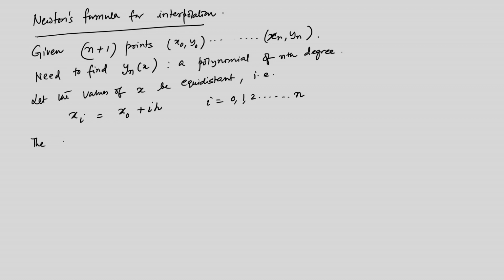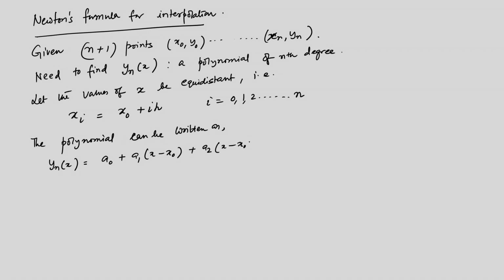So, the polynomial can be written as y_n of x equals a_0 plus a_1 (x minus x_0) plus a_2 (x minus x_0)(x minus x_1), and so on up to a_n (x minus x_0) through (x minus x_n minus 1). Okay. So, this is the polynomial.